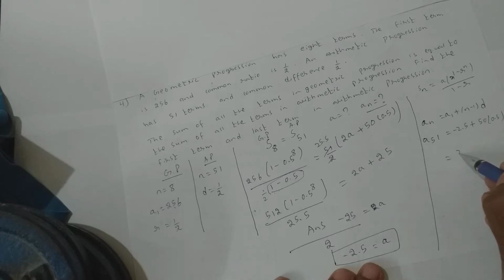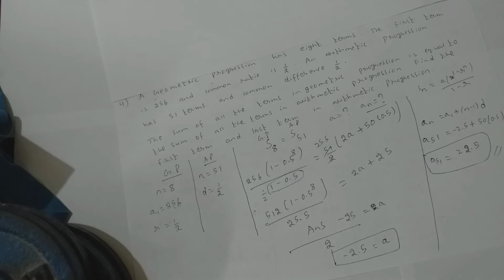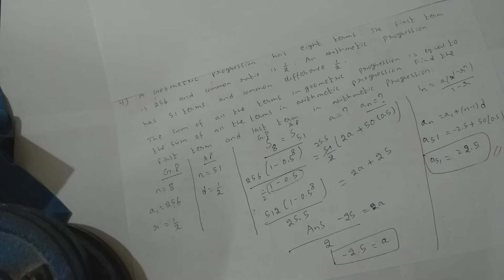So that will result in minus 2.5 plus 25. 22.5 you get. So that is your last term, which is A51. Am I clear with this sum? AP and GP are mixed. Somehow he is relating them. We need to apply the formulas correctly to get the answer.